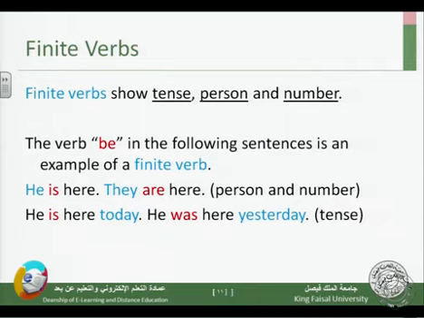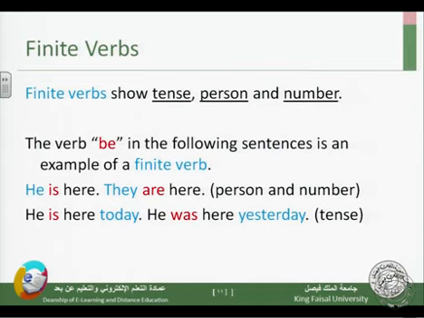It will be affected by person, first person, second person, third person, and it will be affected by number, singular or plural. The verb be in the following sentences is an example of a finite verb. Of course, you know, the verb be can be either is, am, are, was, were, or been in the past participle. We'll see how it is affected here as an example of a finite verb.